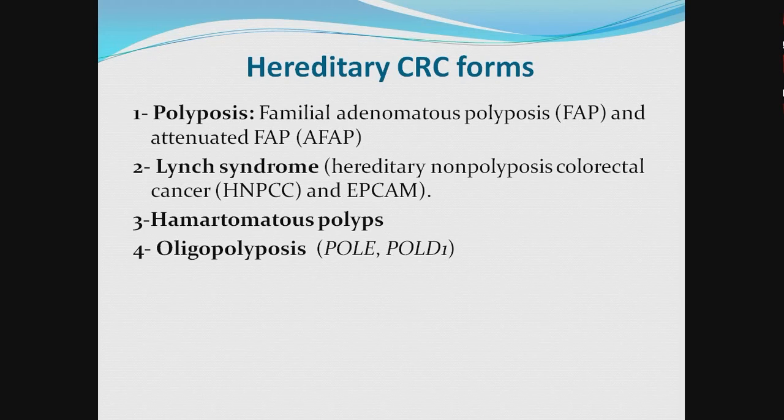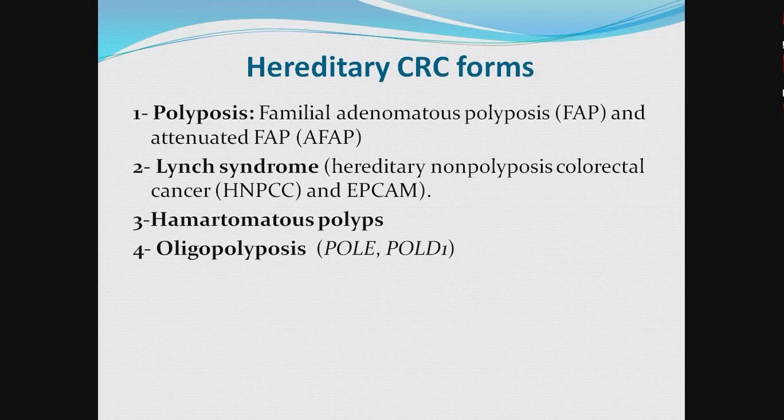Let me take something about the hereditary CRC forms. What are the main types of hereditary CRC forms? There are many types; the main types are four. Number 1 is polyposis, which may take two different types: familial adenomatous polyposis, FAP, or attenuated form of FAP.